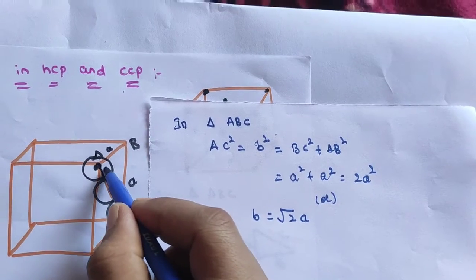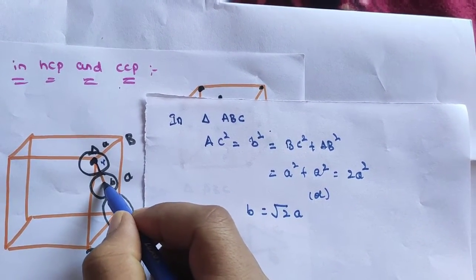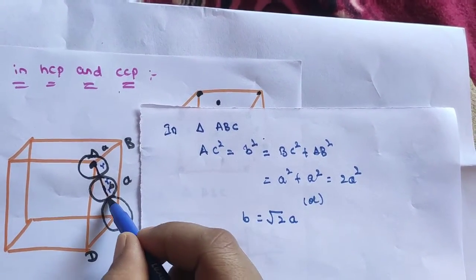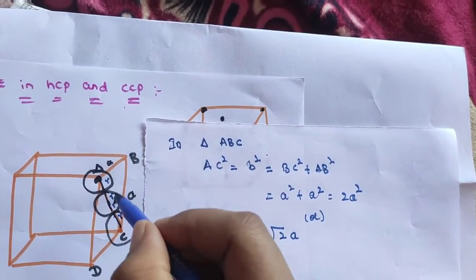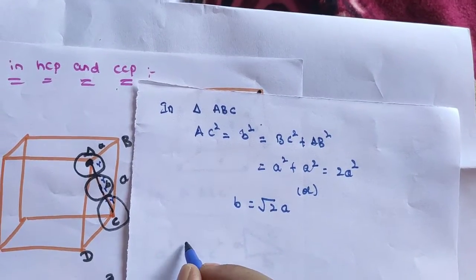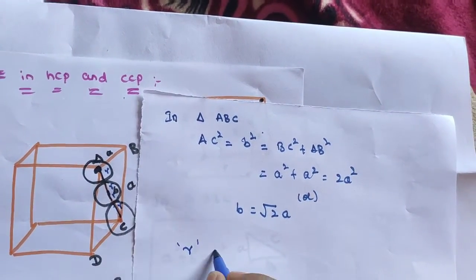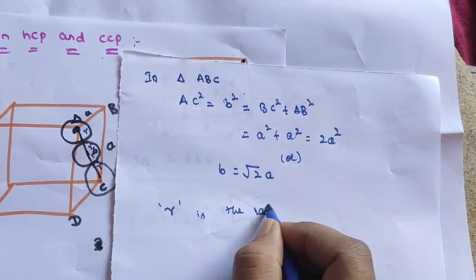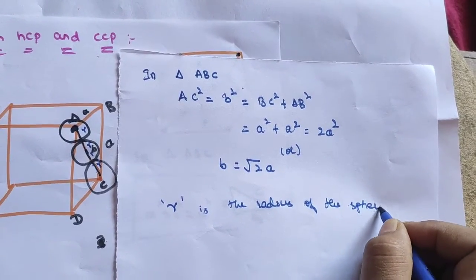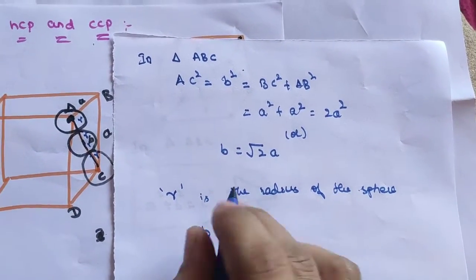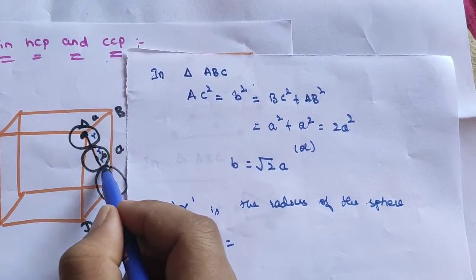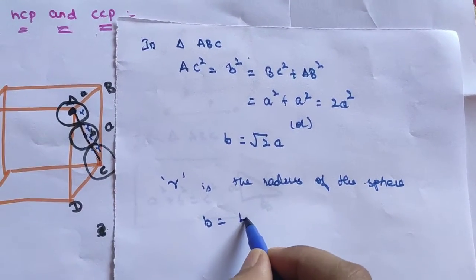So this is one radius R, and this is R, and here this R. So totally how many R are there here? 4R. So if R is the radius of the sphere, B is equal to 1, 2, 3, 4, so B is equal to 4R.